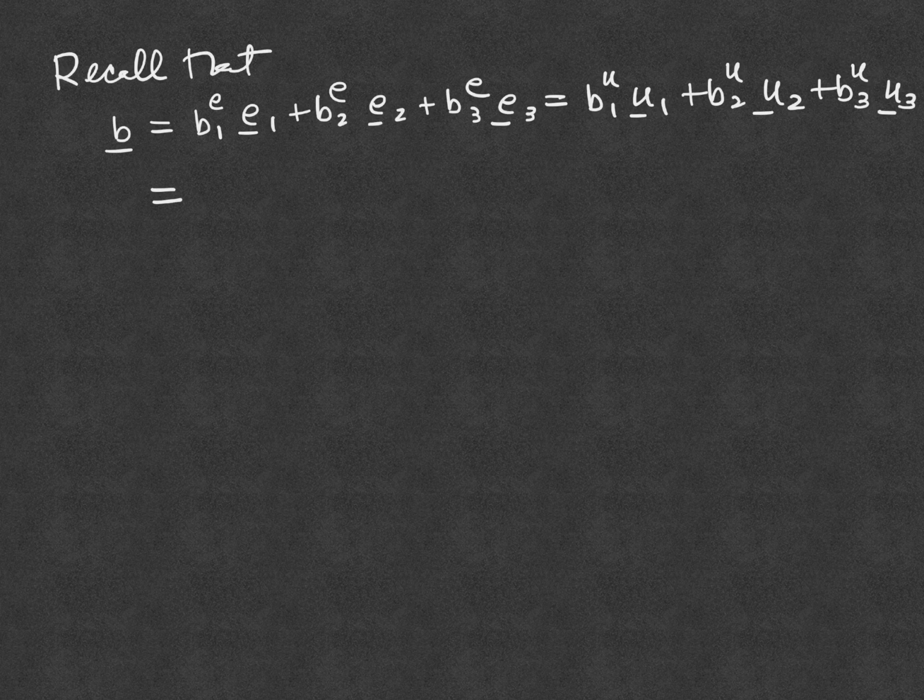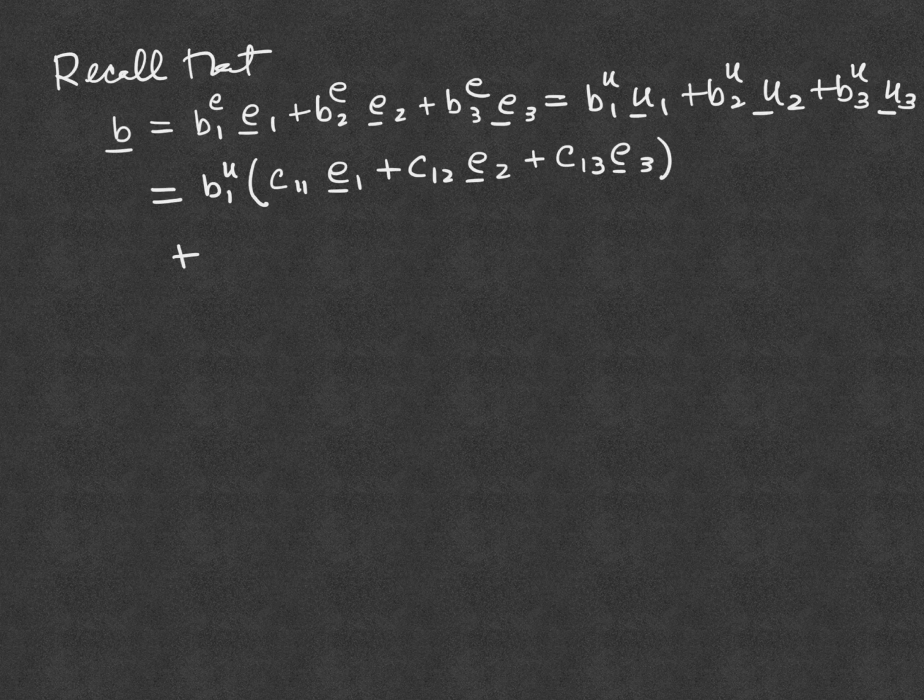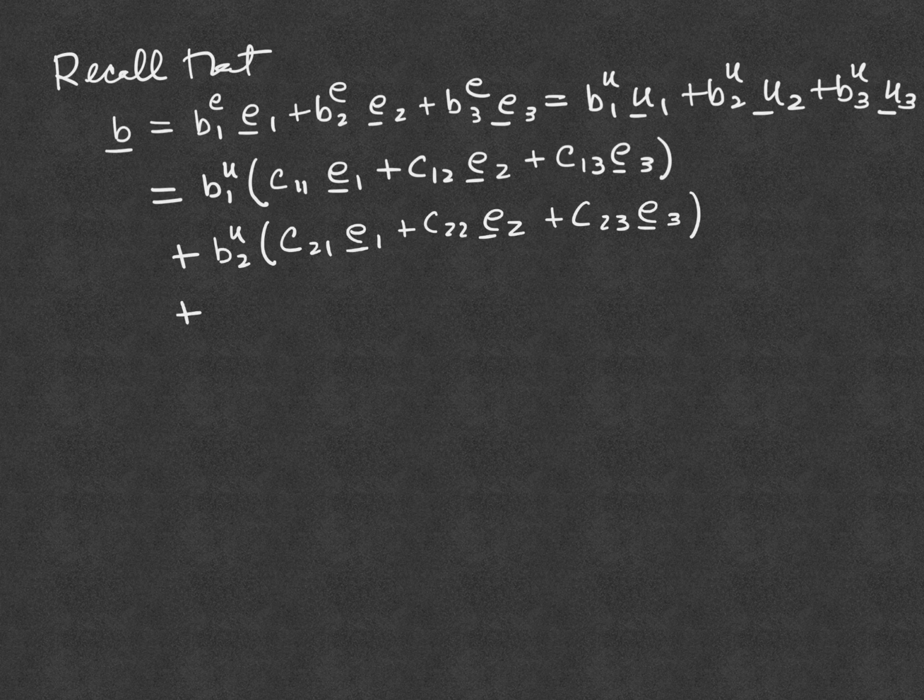Then I get b1u times c11 e1 plus c12 e2 plus c13 e3, plus b2u times c21 e1 plus c22 e2 plus c23 e3, and then finally b3u times c31 e1 plus c32 e2 plus c33 e3.